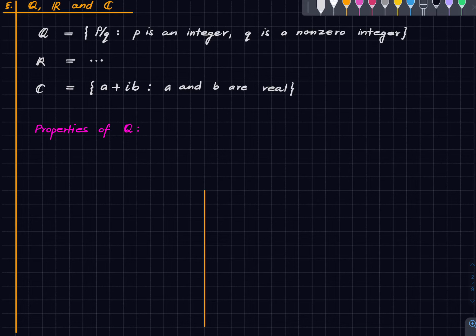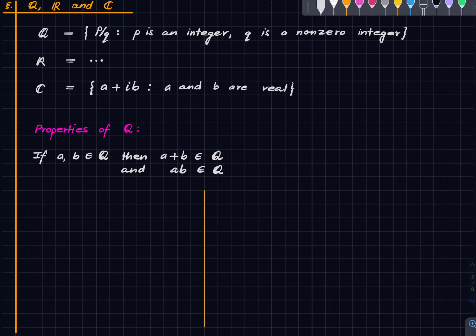First of all, a simple, trivial thing: if we have two rational numbers a and b, then if you add them, you again get a rational number, and if you multiply them, you again get a rational number. This is clear by the definition of addition and multiplication of rationals.